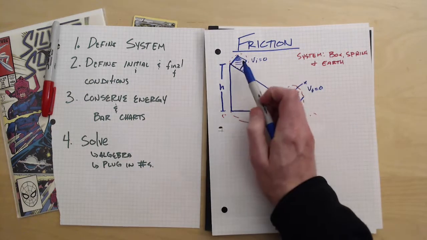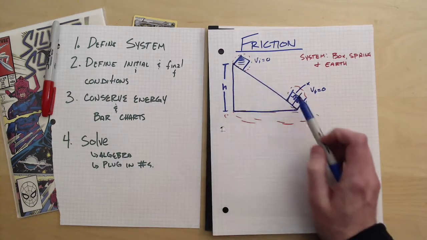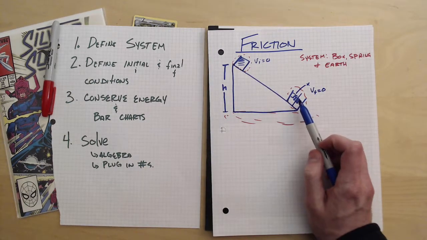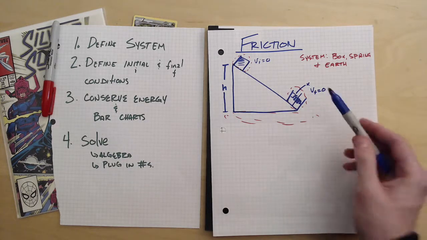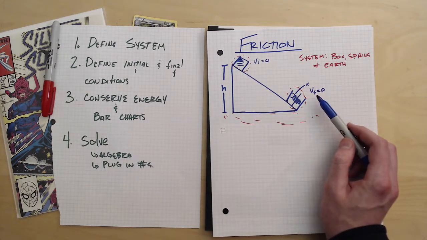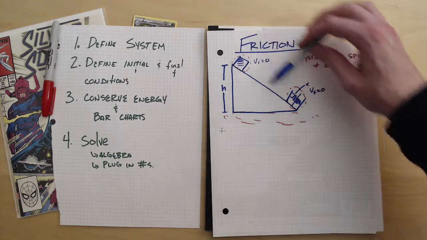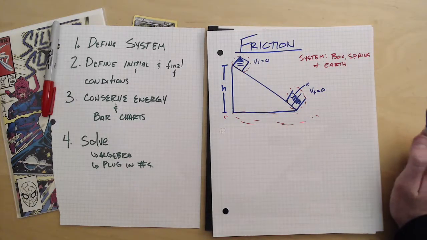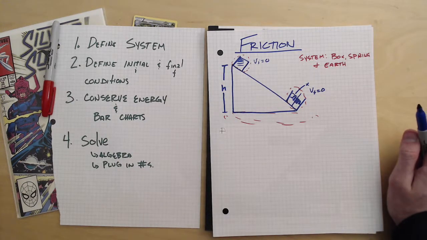So the box starts from rest, slides down this incline, and compresses the spring by a distance of x, and it causes the box to stop. All the while, the box is sliding down the ramp. There is some sort of force of friction. There's some sort of work done by friction that we're going to calculate.